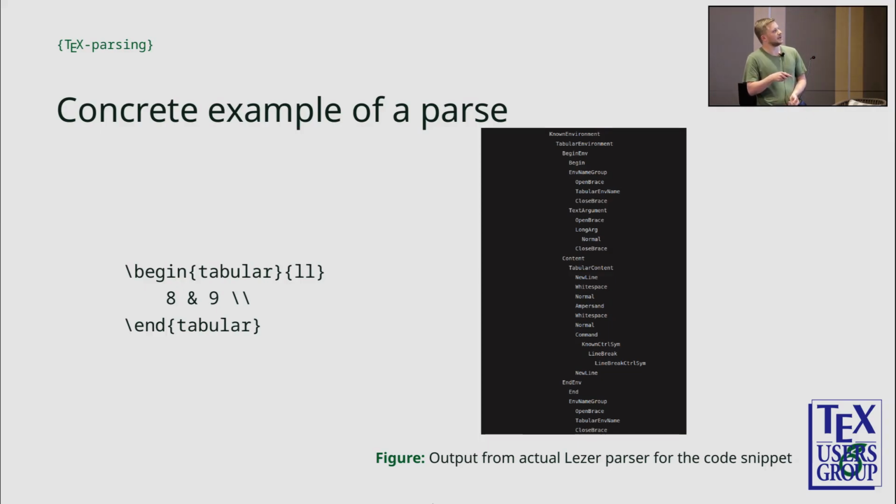So we have environments with arguments with open braces and closing braces, and the content is, well, this is our version of text, but it has white space and text and ampersands and all of that. So this structure is something that we can actually analyze and provide features based off of.